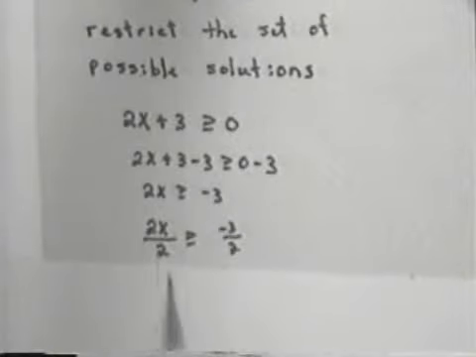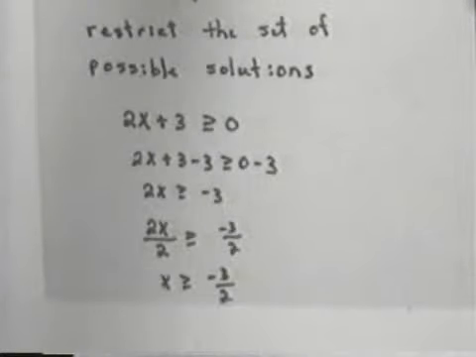The 3 minus 3 gives 0. 0 minus 3 is negative 3. Now I divide both sides by 2 to get x is greater than or equal to negative 3/2. In other words, we are restricted to answers greater than or equal to negative 3/2.